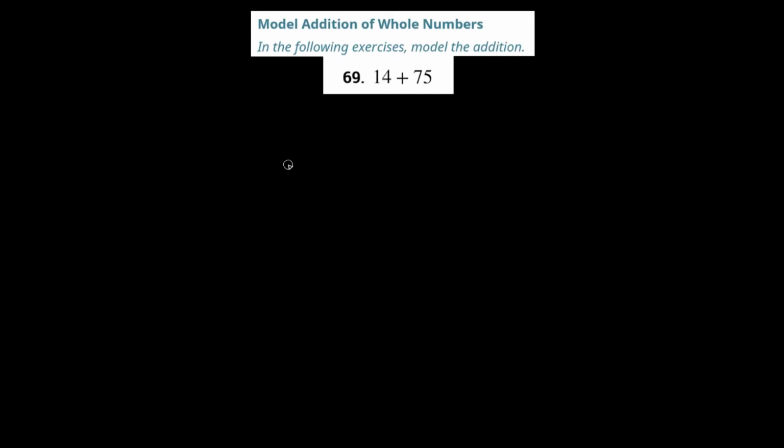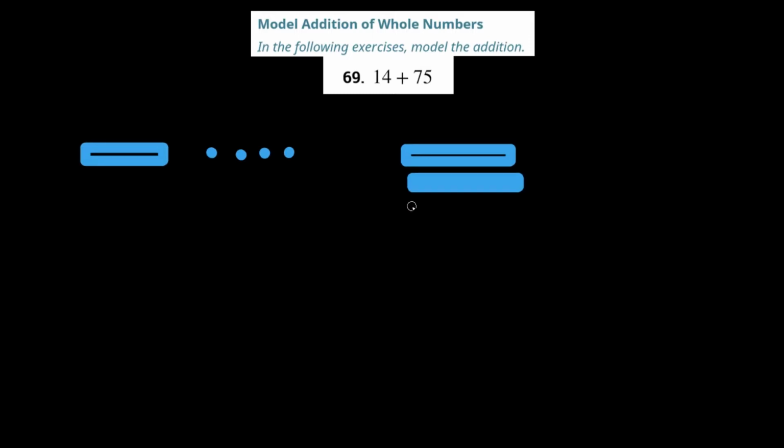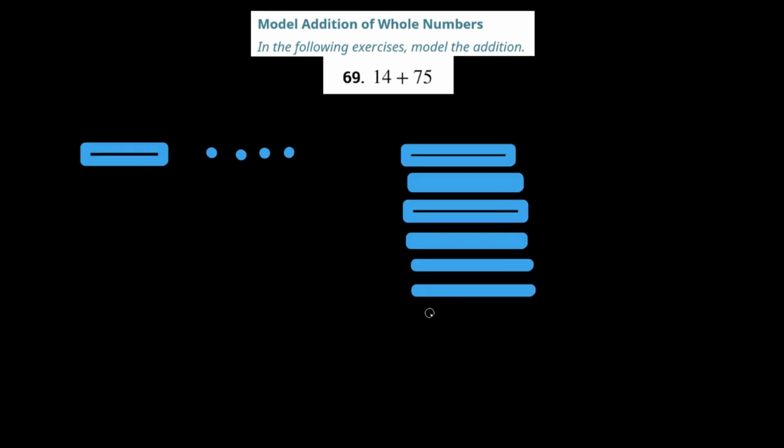So for example, 14 we can do as one rectangle, and it's going to be 4 ones: 1, 2, 3, 4. 75 is going to be 7 tens or 7 rectangles: 1, 2, 3, 4, 5, 6, 7, and 5 ones: 1, 2, 3, 4, 5.